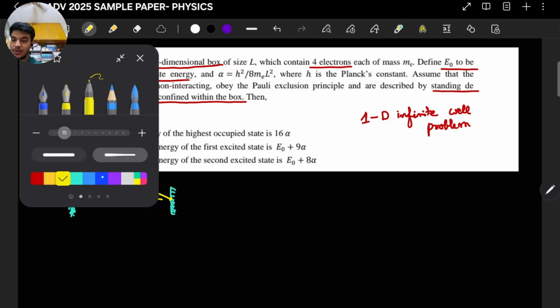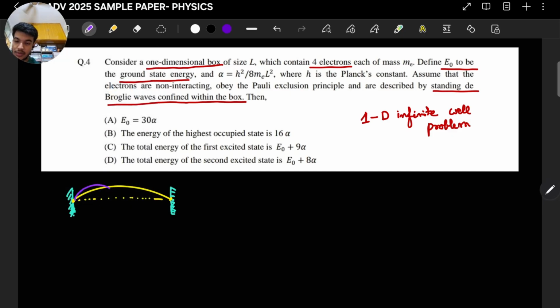If there was one node, then the standing wave formed would be something like this, with a node here at the center. So these are the different possible states of this electron residing in this 1D box.